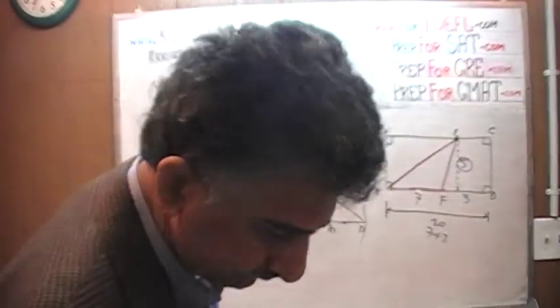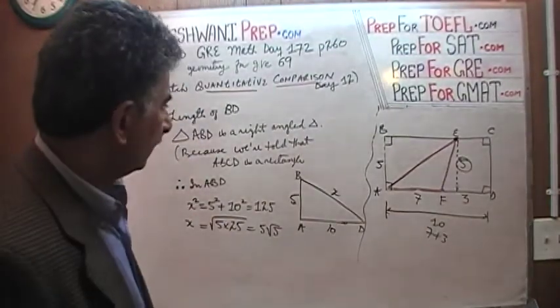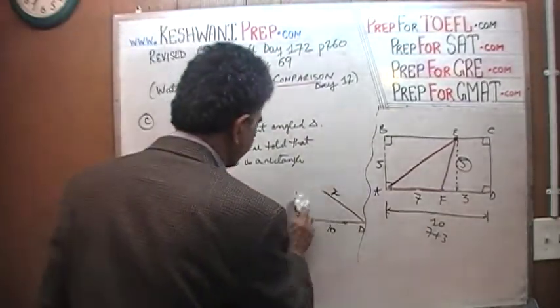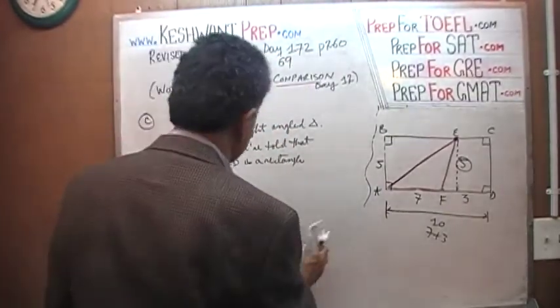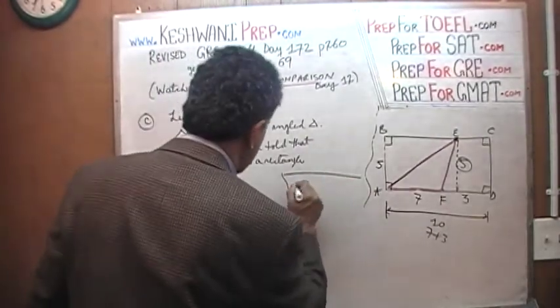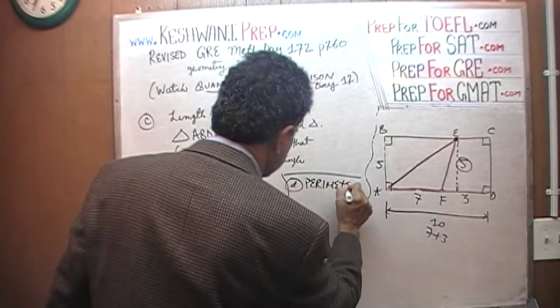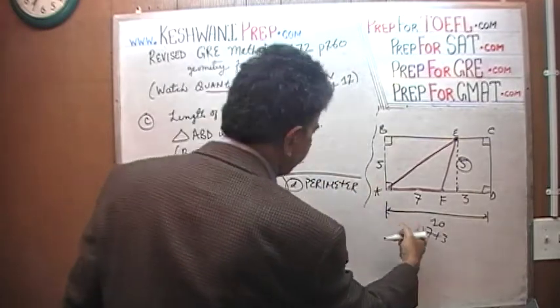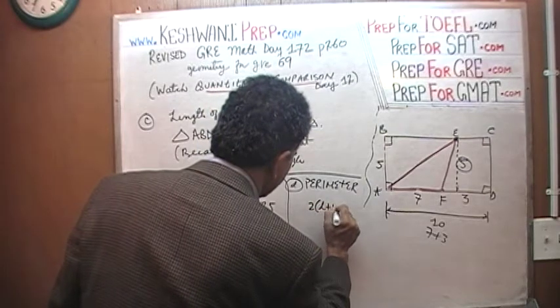Let's do part D. The very last part where they're talking about the perimeter of ABCD. The perimeter of ABCD is very simple, very straightforward. It says 5 plus 10. Perimeter is 2 times the length plus the width.